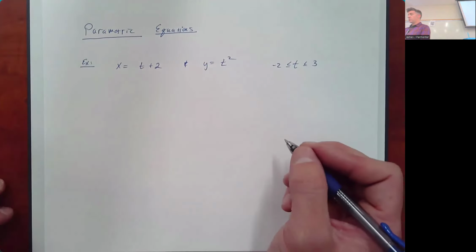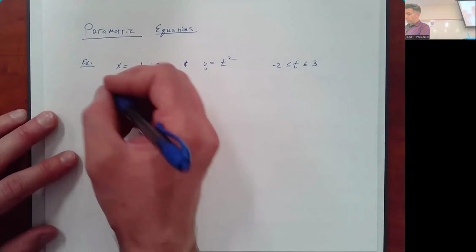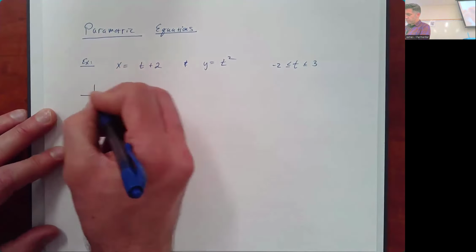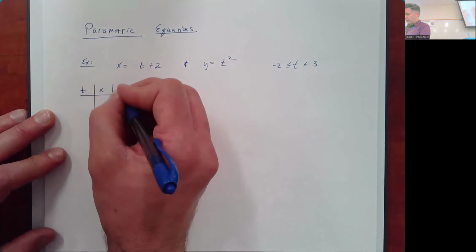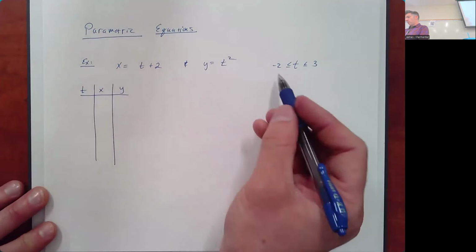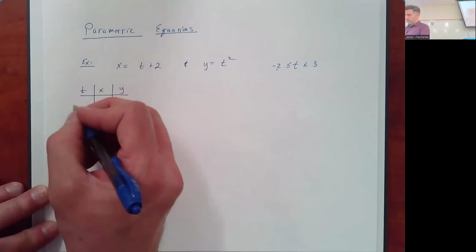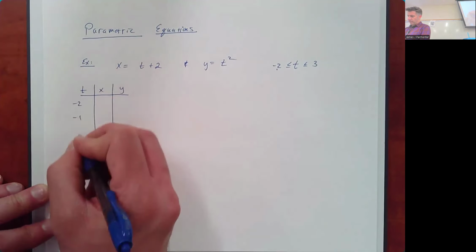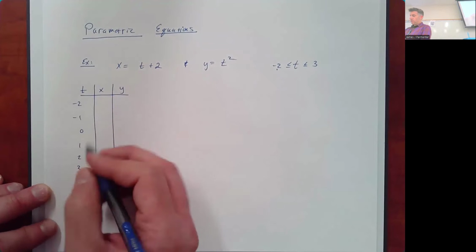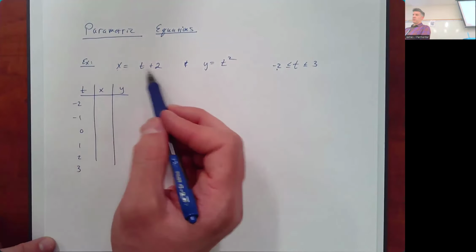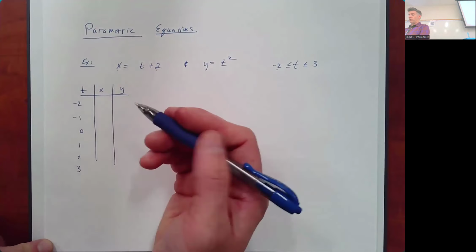We could certainly try to figure out what's going on by plotting some points. So we pick some t values and some x and some y values. So let's start at the lower end of t being -2. Let's just plug in all of the nice integer values from -2 to +3. So if x is equal to t plus 2, then x is always going to be 2 larger than t.